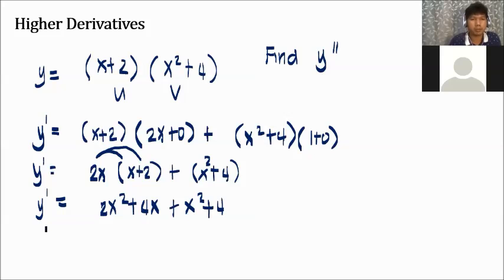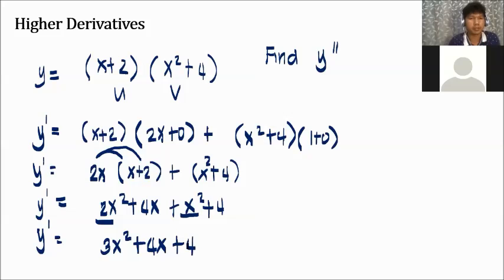I will combine these two terms. That is 3x squared plus 4x plus 4. So I'm hoping this is clear. I did the further simplification just to do the second derivative easier. So this is our first derivative.